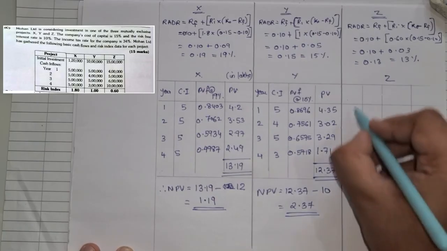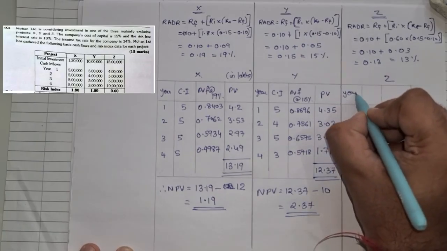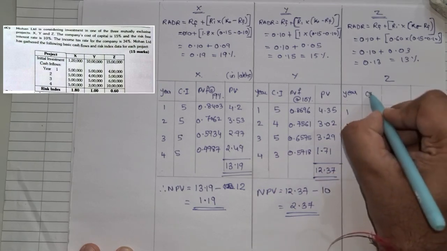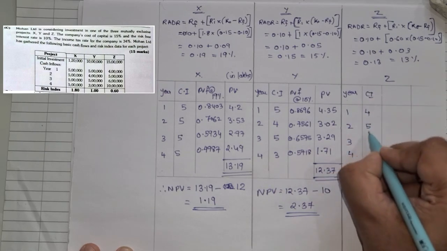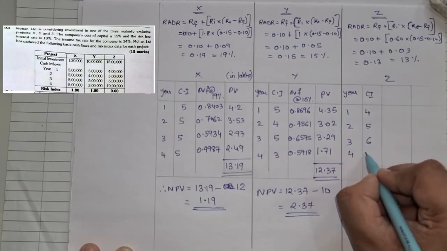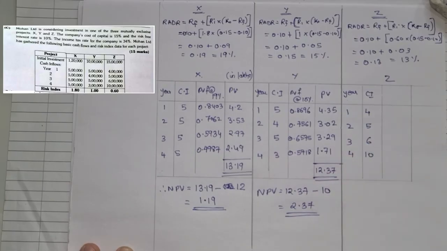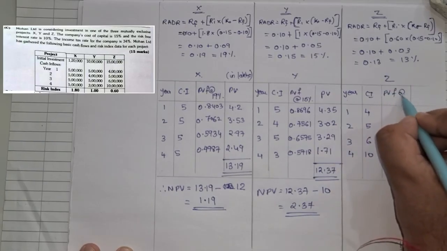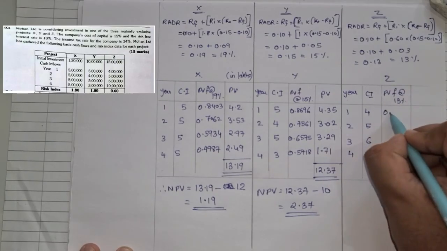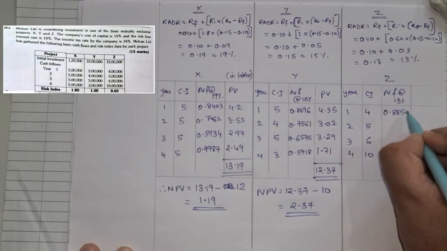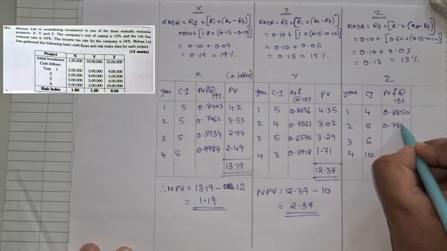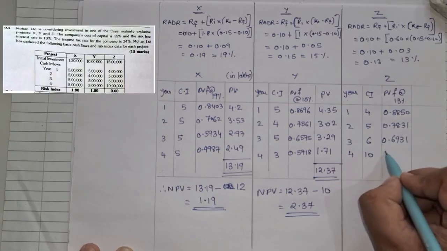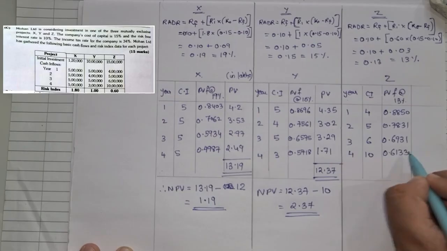And lastly, same way for Z, we have years 1, 2, 3 and 4. Cash inflow is 4 lakh, 5 lakh, 6 lakhs and 10 lakhs. The PV factor is at the rate of 13%, so that is 0.8850, 0.7831, 0.6931 and 0.6133.